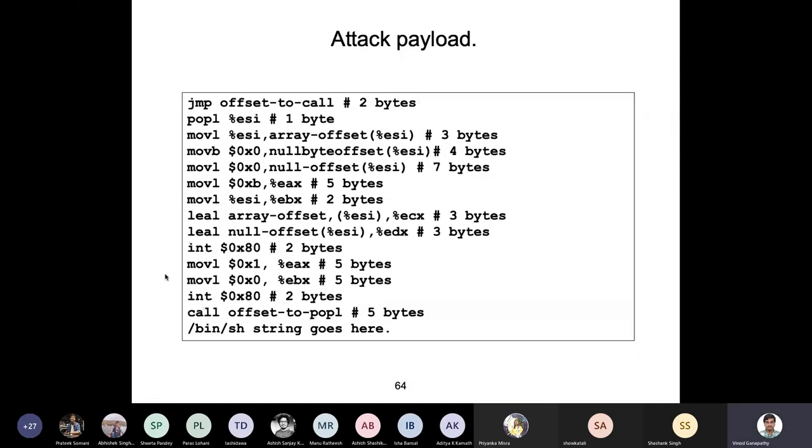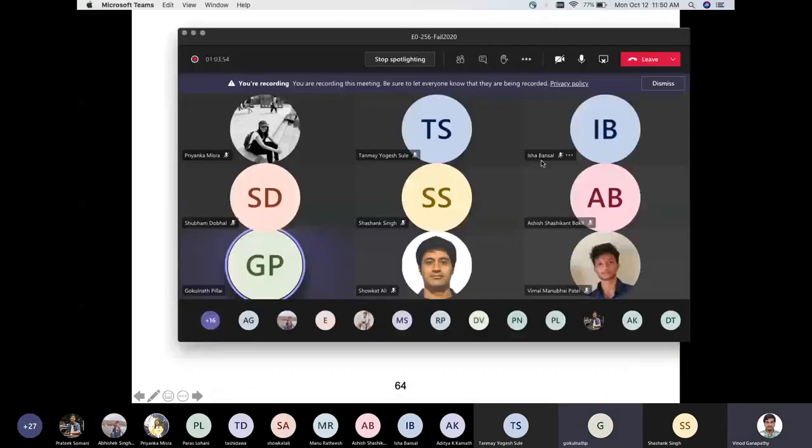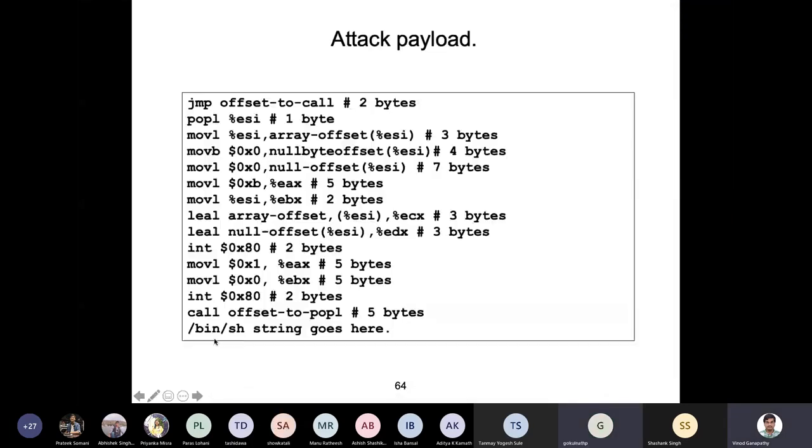Any ideas? It should be the address following the call. So the address of the string bin.sh gets pushed onto the stack. Exactly.